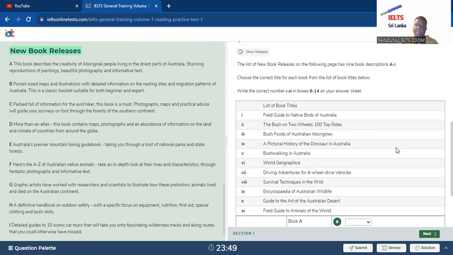What you have to do is match them. Based on the information given here, you have to see which title is the most appropriate. You may find sometimes 2 of them are appropriate.